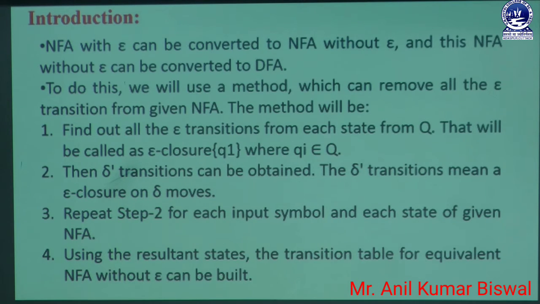Without epsilon we can create some states, which may be an empty state or anything else. If a state does not have a next state, then we write the phi set, which is used as an empty state.